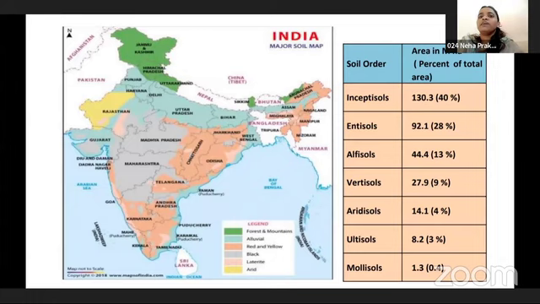In India, we are blessed with 7 types of soil orders. In India, there are Inceptisols, Entisols, Alfisols, and we divide them into black and red soils, which are the different soil orders present in our India.